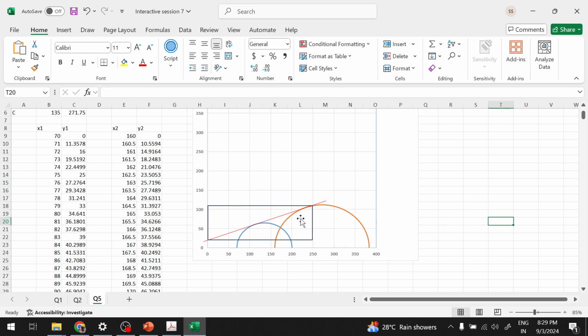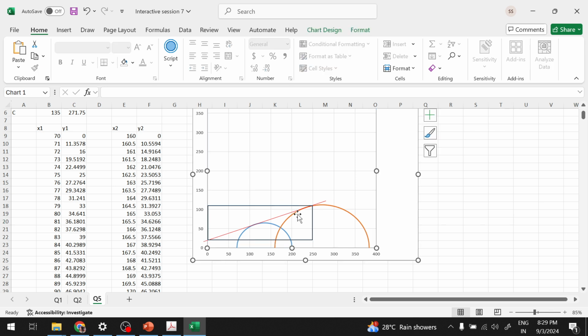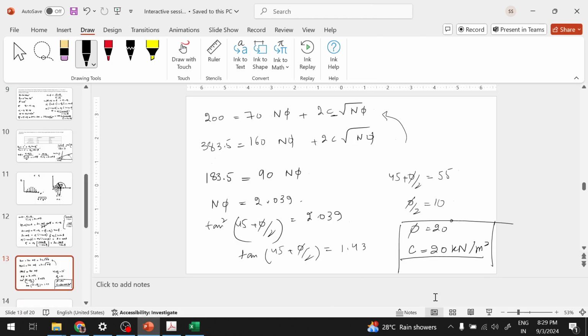So yeah, our results are correct because if you want, you can match these. This is giving us the same thing. Here we have the perpendicular as 110 minus 20, this is 90, and the base is 250. So tan theta is 90 over 250, which is 0.36. So tan inverse of 0.36 is about 20 degrees. This is what we calculated from this.